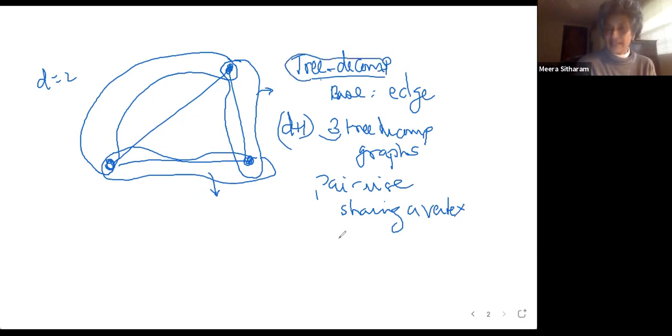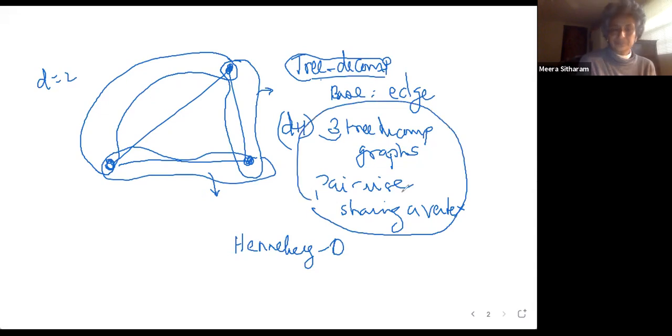That's a natural generalization of these Henneberg 1 and Henneberg 0, and the corresponding trilateration or d plus 1 lateration would now have one more distance that you can use at any given stage. Okay, so I'll just define tree decomposable for now.